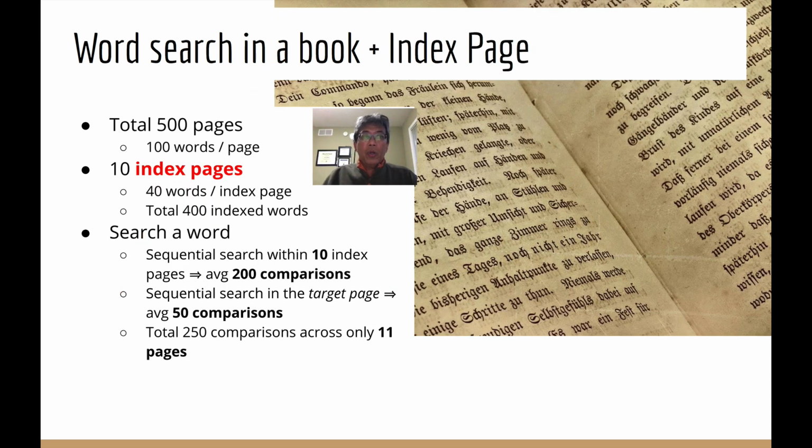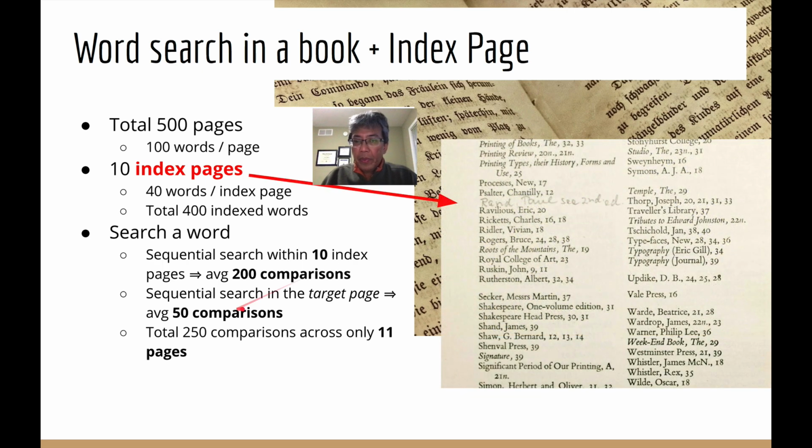But what if the book has several index pages that show a list of words in alphabetical order and the page numbers where the word can be found? Something like you see here. Let's further assume that we have 10 index pages and each index page contains 40 words.